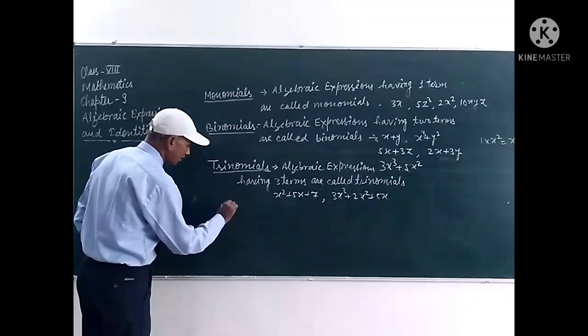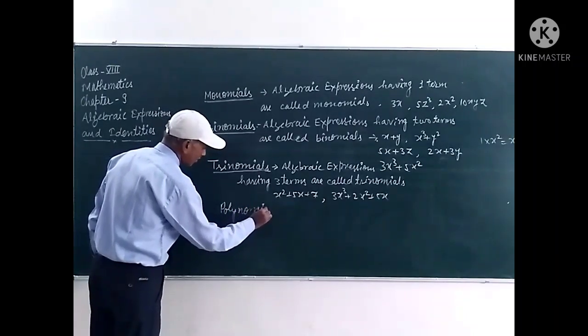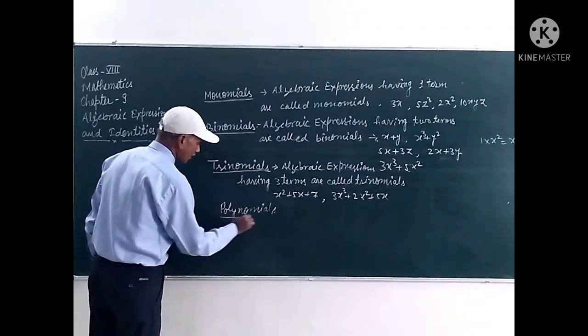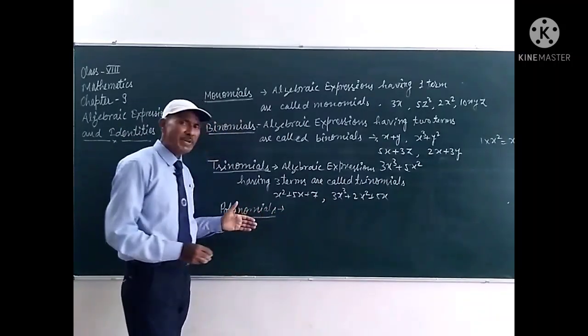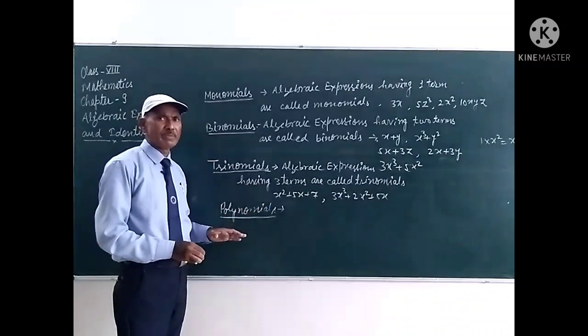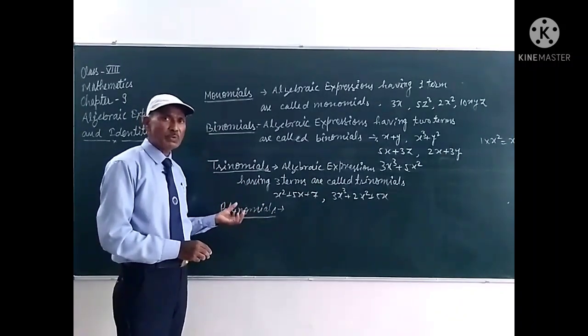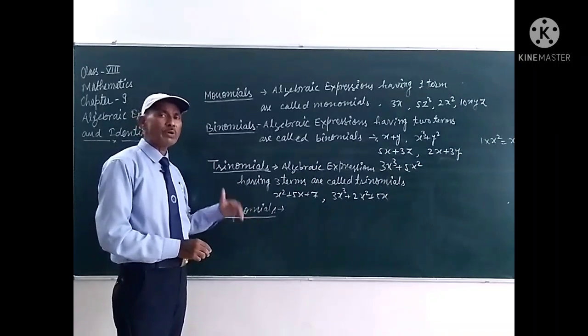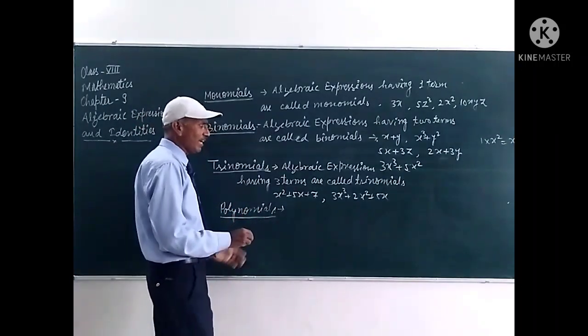And polynomials, student. Algebraic expressions having any number of terms are called polynomials. It may be 1 term, 2 terms, 3 terms or more than 3 terms, students.